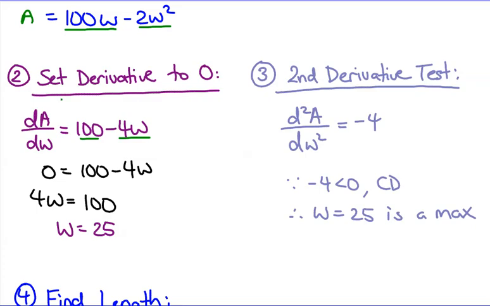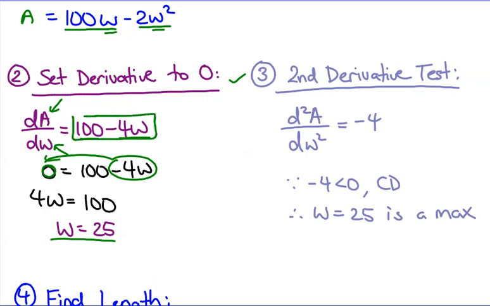Notice that it's the derivative of your area with respect to your width because we have W's. Setting that equal to 0 and bringing the W to the other side so that we can solve for any critical values, I get a critical value of my width of 25. So at 25 meters for the width, you're going to have a maximum area. Although I'm just saying maximum area, I could have a minimum area, and that's why we do the second derivative test.